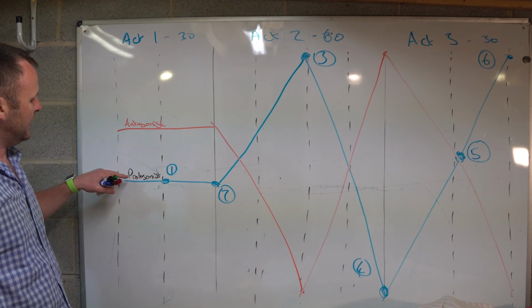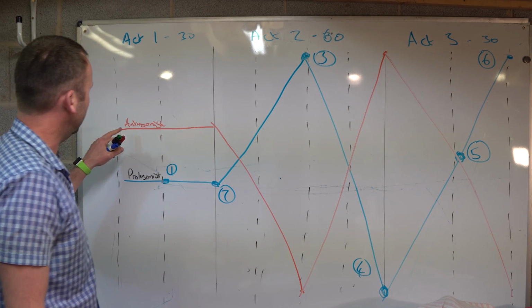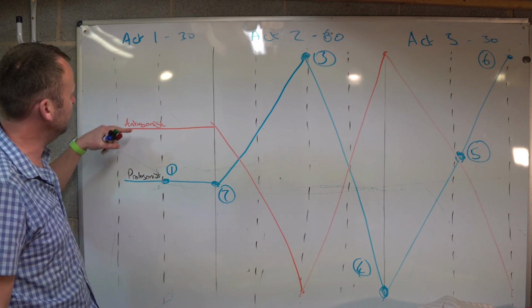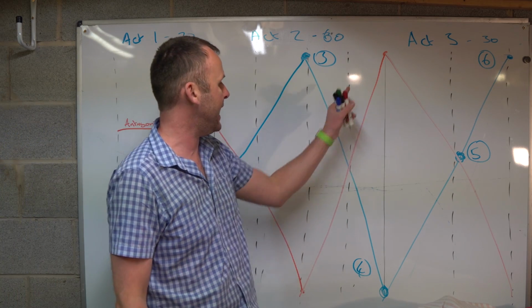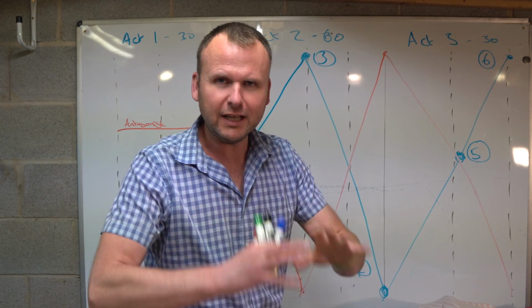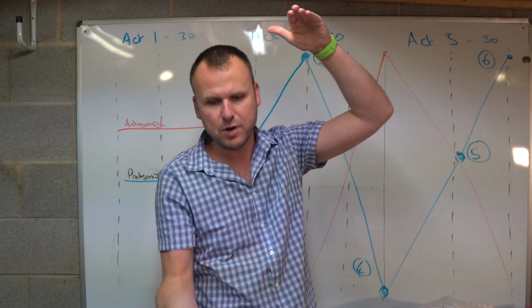We have the protagonist or hero's story arc here, and reflected against that, always hugely important, is the antagonist's story arc as well, because the relationship between the two is vital. One thing that happens to one has an impact on the other.